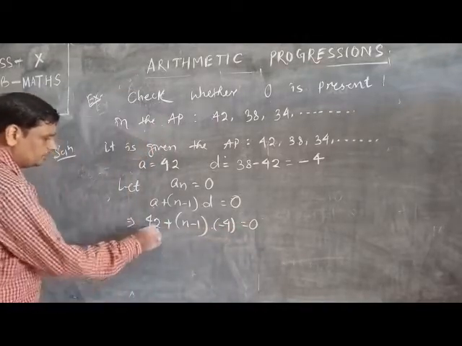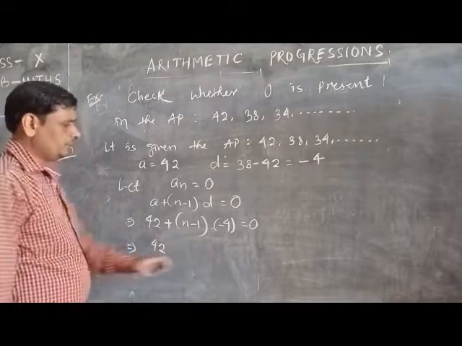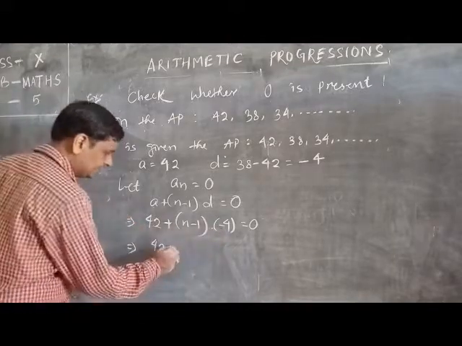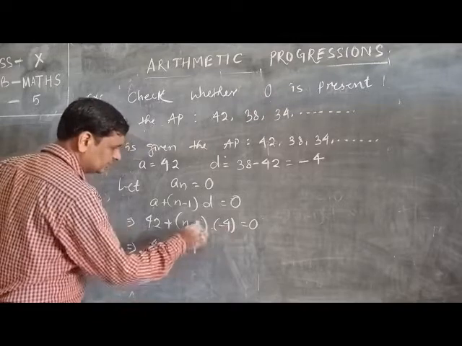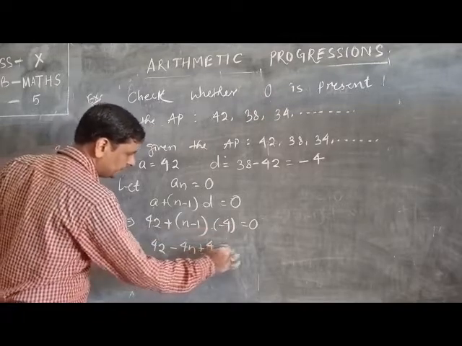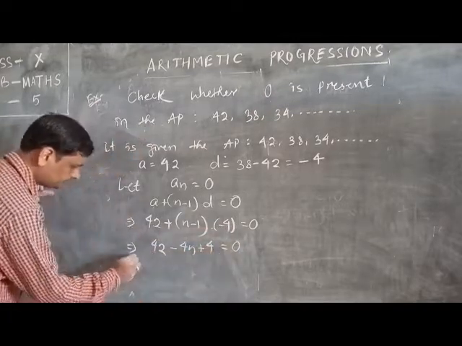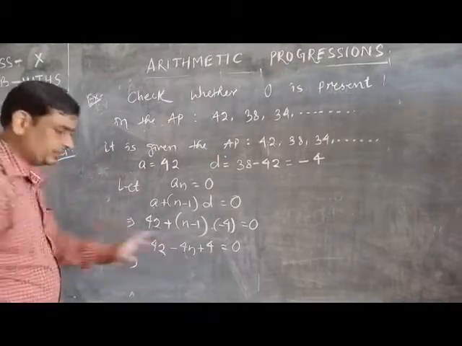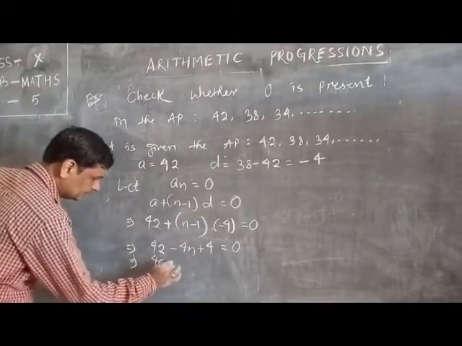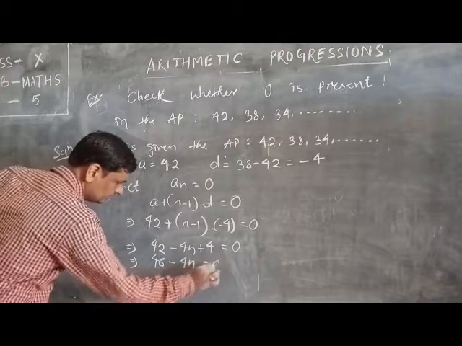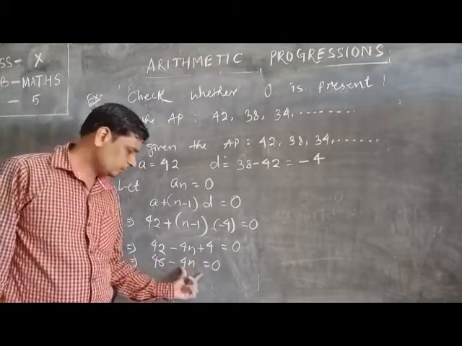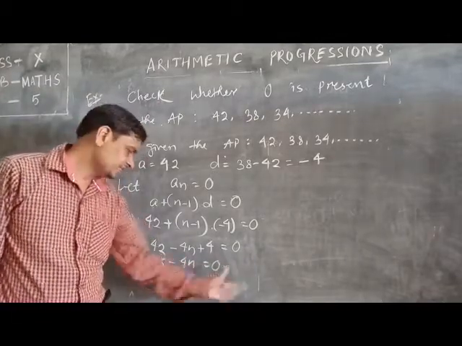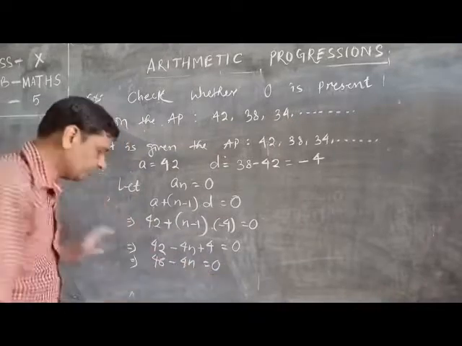This implies 42 minus 4 into n is minus 4n. Minus 4 into minus 1 is plus 4. This is equal to 0. 42 plus 4 is 46. 46 minus 4n is 0. Now this minus 4n is transferred to the right side. 46 equal to 4n.